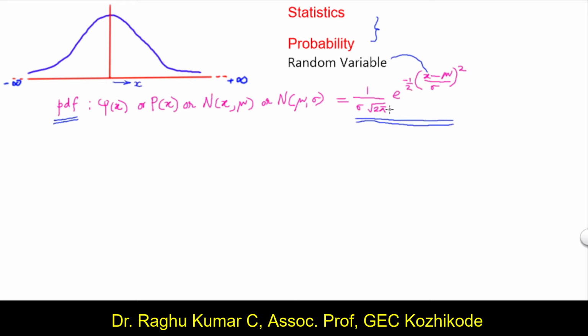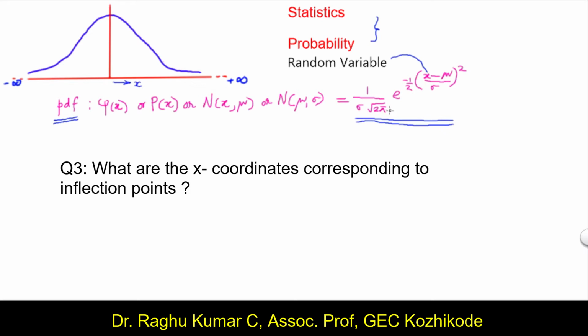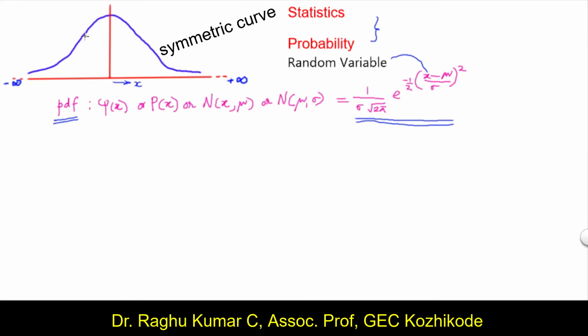Now third question is, what are the x coordinates corresponding to inflection points? Actually, the curve is symmetric with respect to the y-axis, and the curvature here you can see is positive, or it is hogging sort of curve. After that this curvature becomes negative.